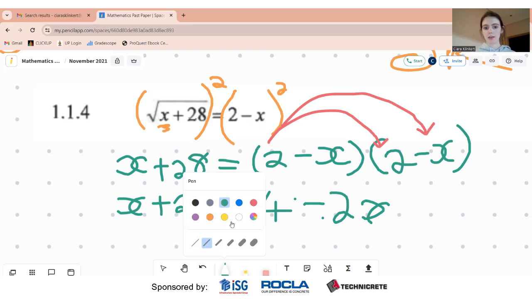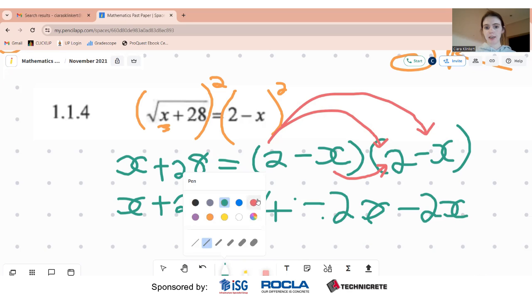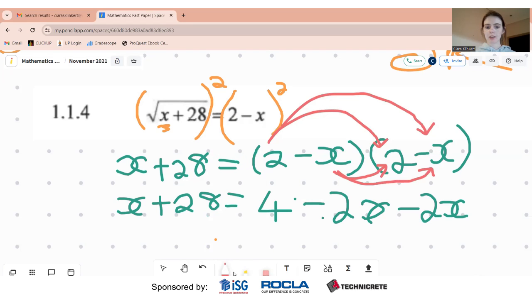Then I continue: second term in the first bracket multiplied by the first term in the second bracket, so I get minus 2x again. And then finally, the second terms multiplied by each other. Negative x multiplied by negative x gives me positive x squared.